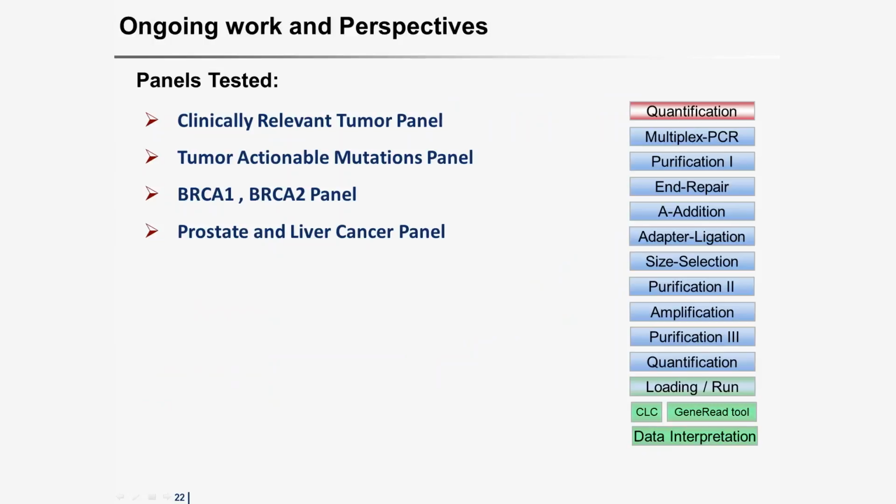So in the past, we worked with different cancer-related panels of QIAGEN. I mentioned already the clinical relevant tumor panel, but we also used the tumor actionable panel, focusing on therapy relevant gene loci, and we used the BRCA1, BRCA2 panel, which I will introduce to you at a later point in my talk.